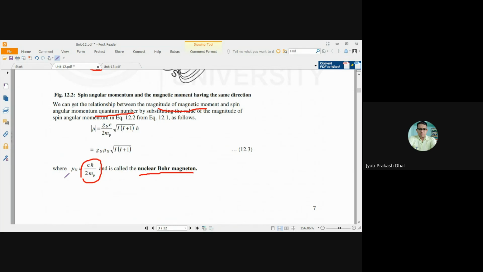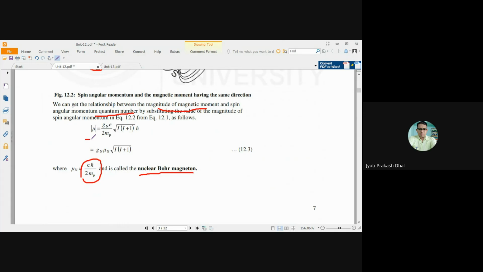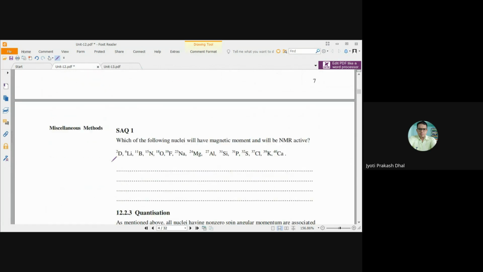So that is called mu n, and hence the formula will be magnitude of mu, that is the magnitude of spin angular momentum, magnitude of mu equals gn mu n into square root of I into I plus 1.